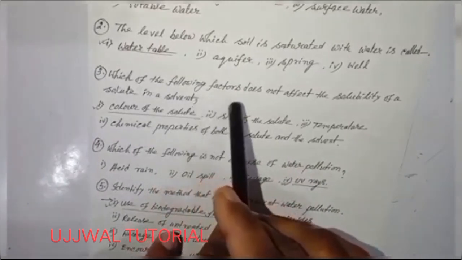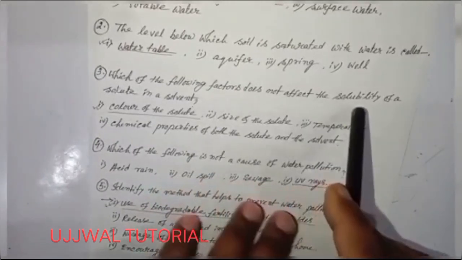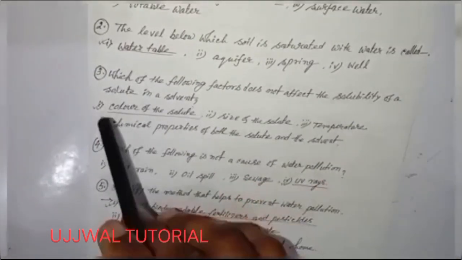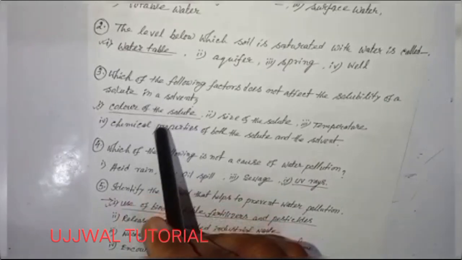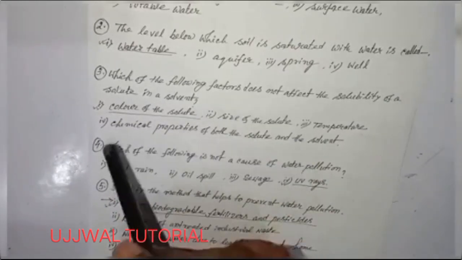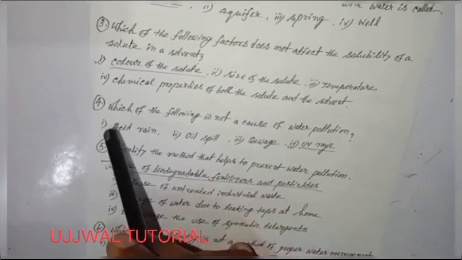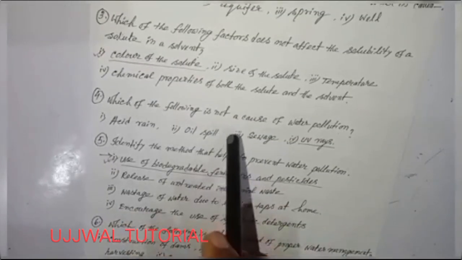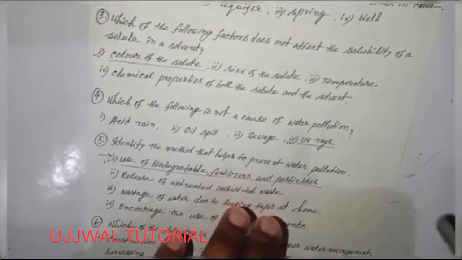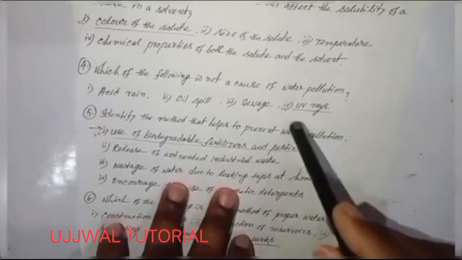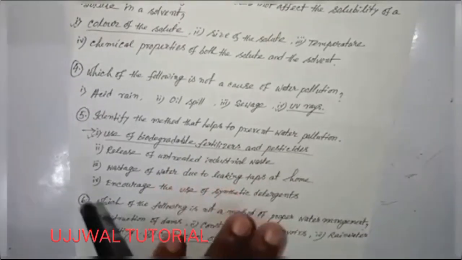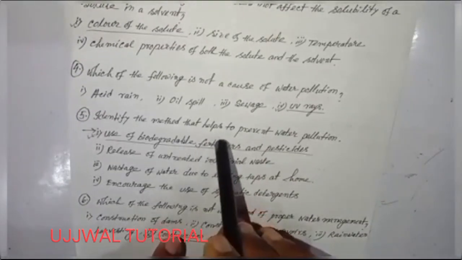Which of the following factors does not affect the solubility of a solute in a solvent? The answer is the color of the solute. Next part, which of the following is not a cause of water pollution? UV ray. Identify the methods that help to prevent water pollution.